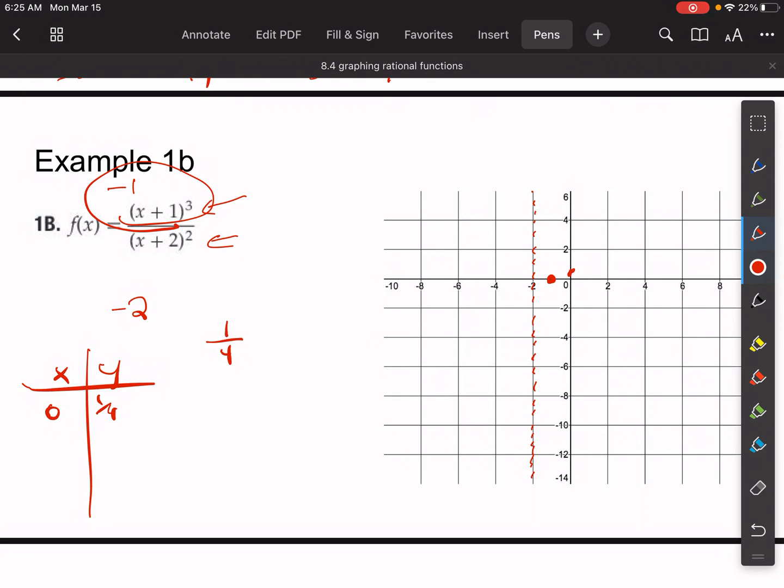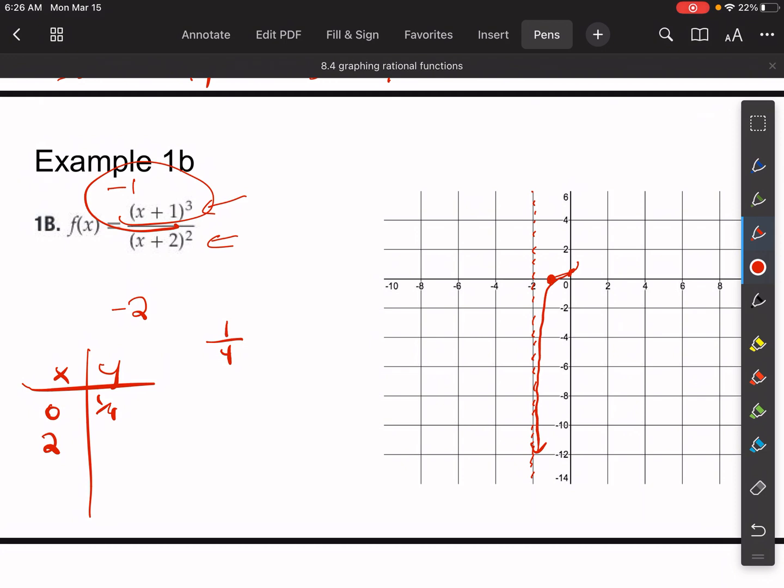Okay. And then I definitely want to see a couple more points here. I know that this is going to approach this vertical asymptote somehow. So it's going to come in here and go like this. Okay, I know that, but what happens over here, I don't know. So I'm going to plug a 2 in.